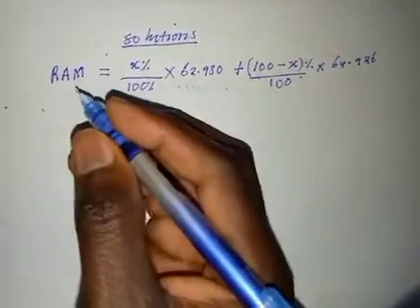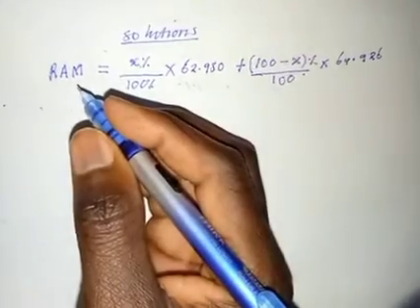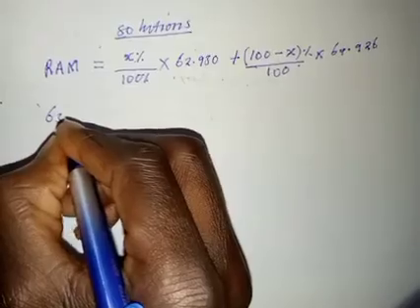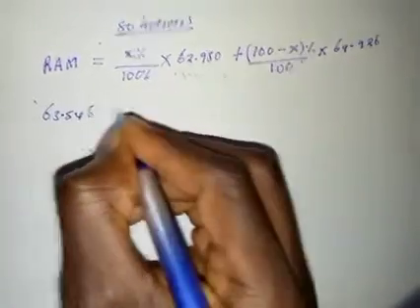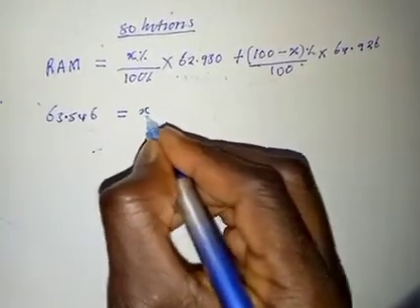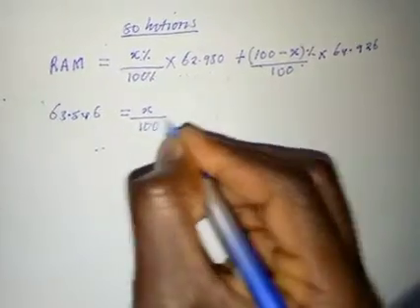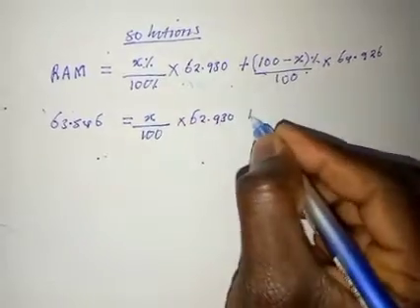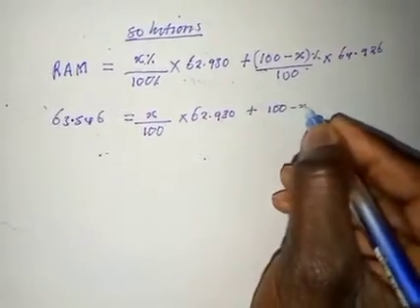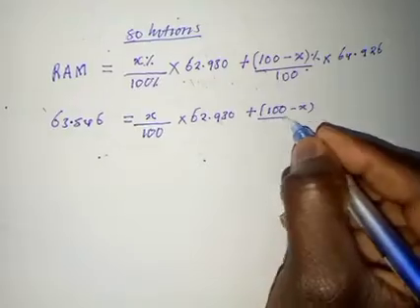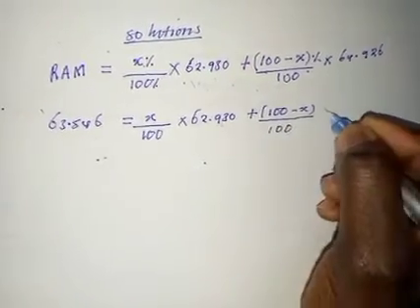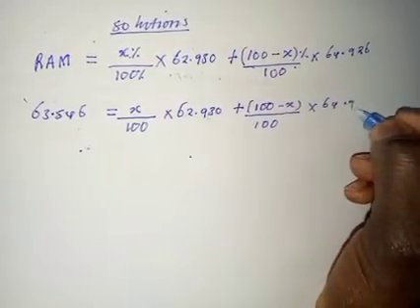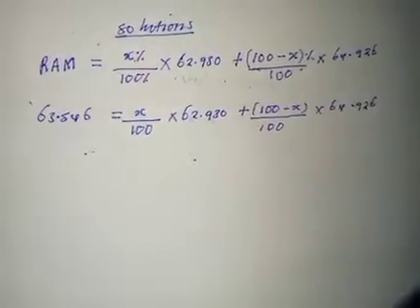Having been given the average atomic mass of the two isotopes as 63.546, we can say this has to be equal to x over 100 multiplied by 62.930 plus 100 minus x over 100 multiplied by 64.926.